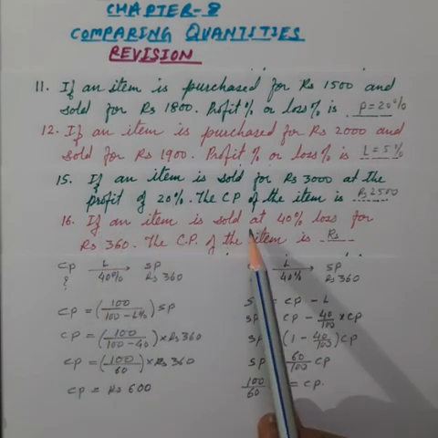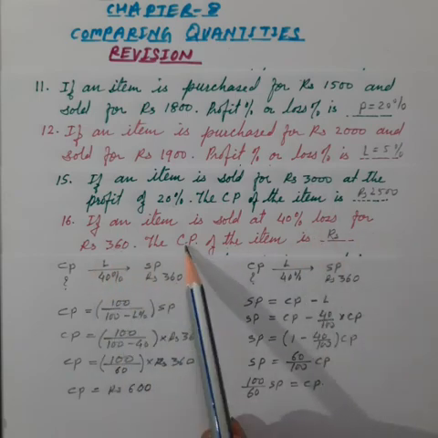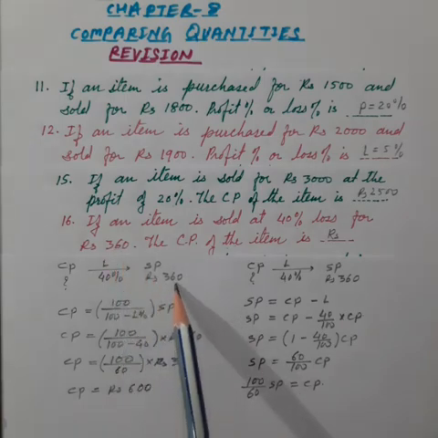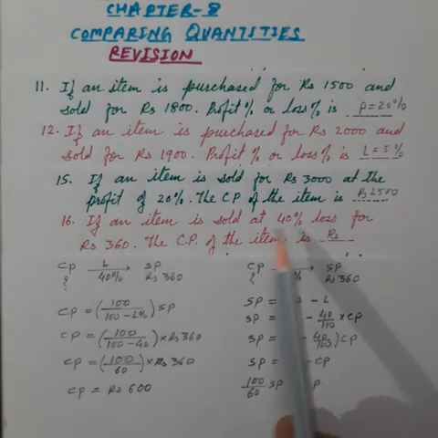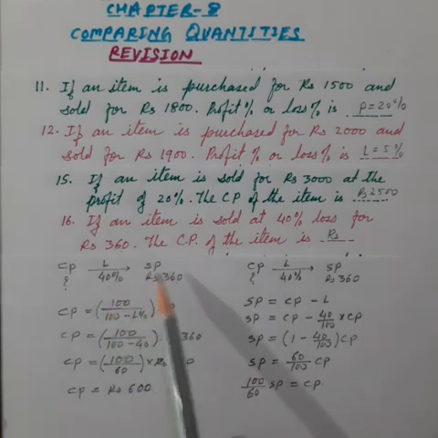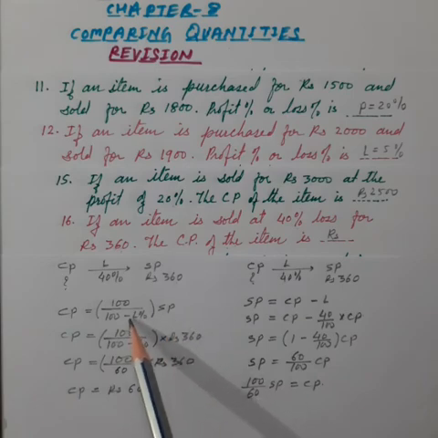If an atom is sold at 40% loss for rupees 360, what is the cost price? Here selling price is given rupees 360 and loss is given 40%. And when the selling price is given and loss percent is given, we have this formula. Here at the place of profit plus profit percent, only minus loss percent is there.